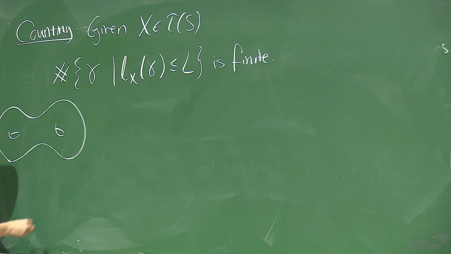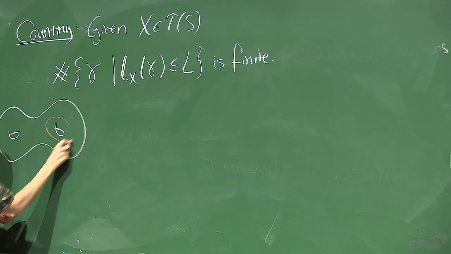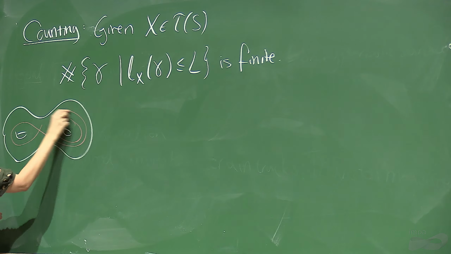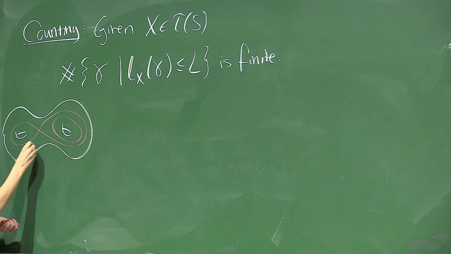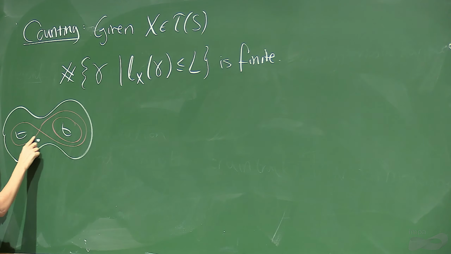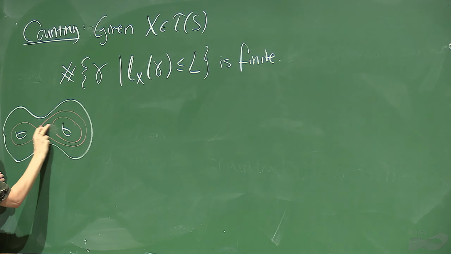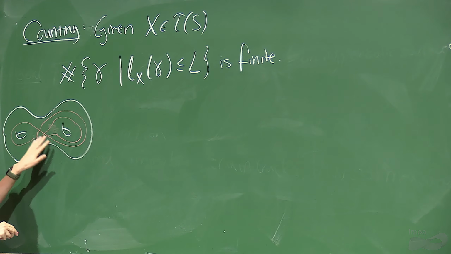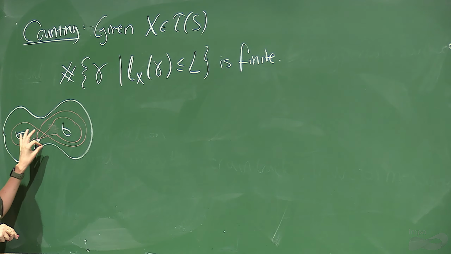If I have any geodesic on here, and here's maybe another one, first off, I can homotope them to all be loops based at some point. If I fix some point on my surface, I can just drag each one of these to start and end at that point. So I can get an upper bound on how many there are by counting loops based somewhere.